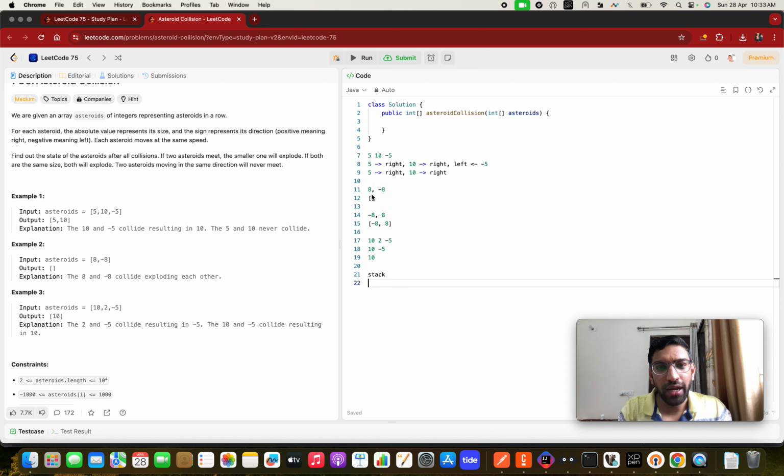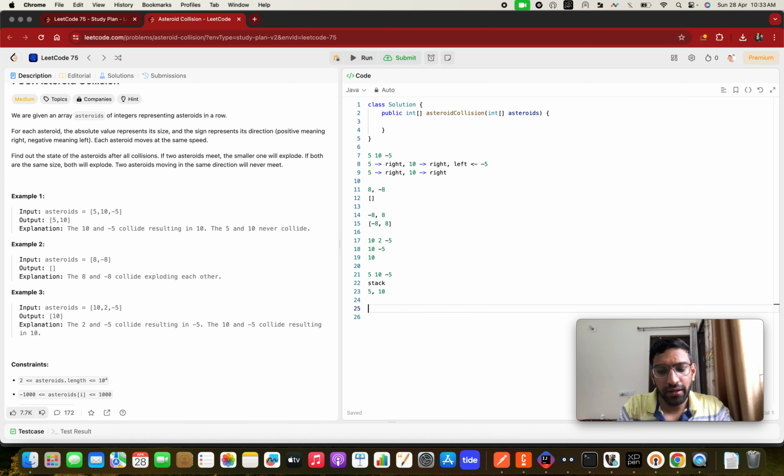For the first test case 5, 10 and minus 5, we can push 5 first, and then 10 also, because the top element is positive and a collision will never happen. And then the minus 5 can come, and we check whether the last element we have pushed to the stack is positive or not. So if the current asteroid is negative and the element at the top of the stack is positive, we can say it is a collision.